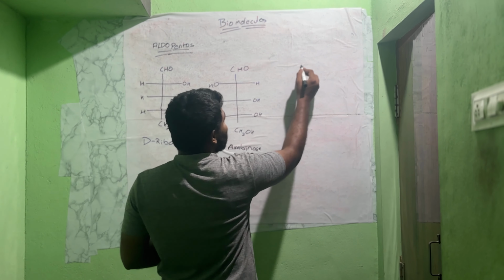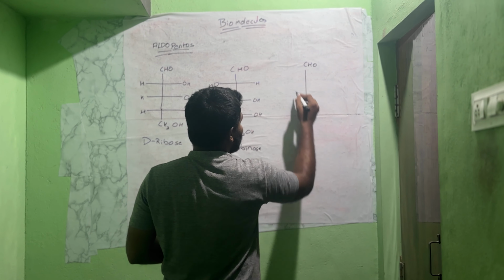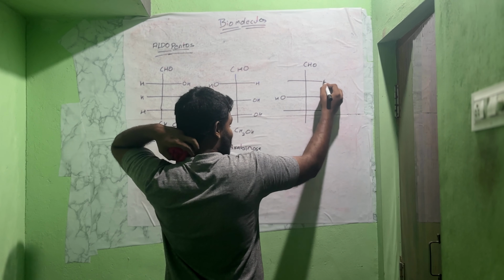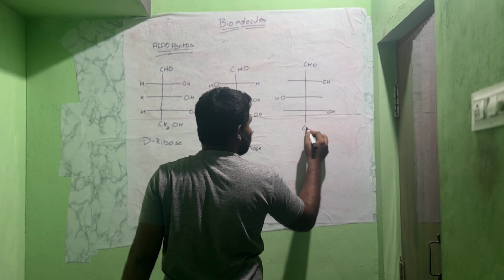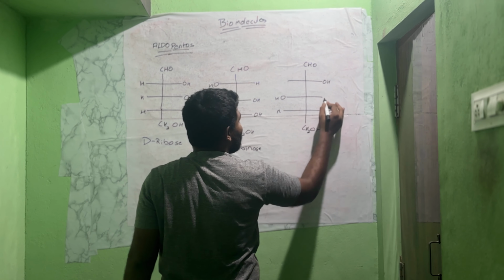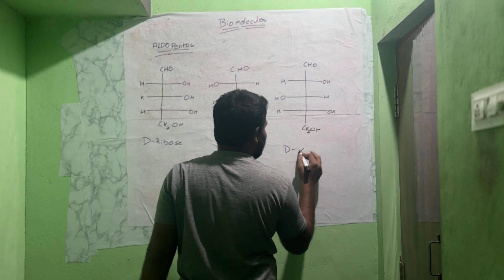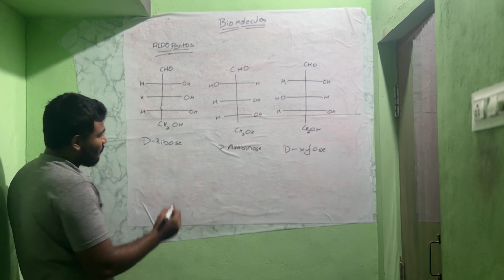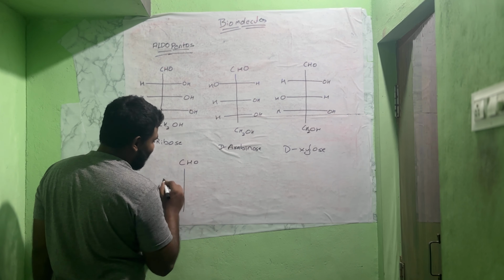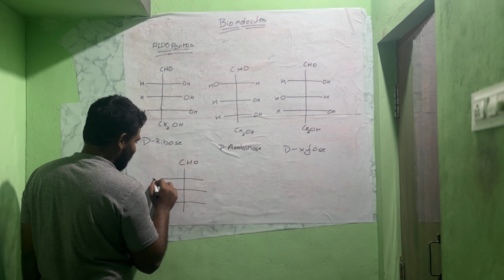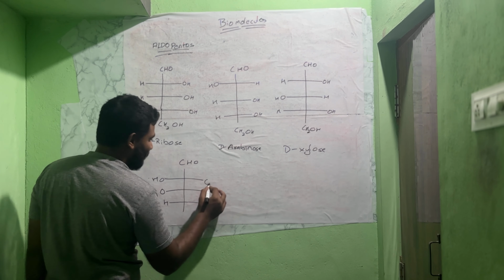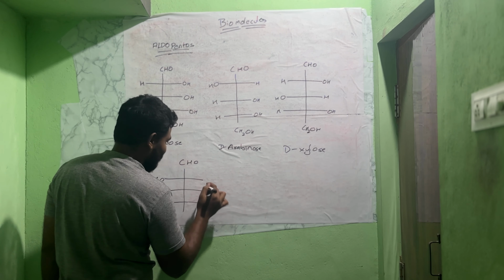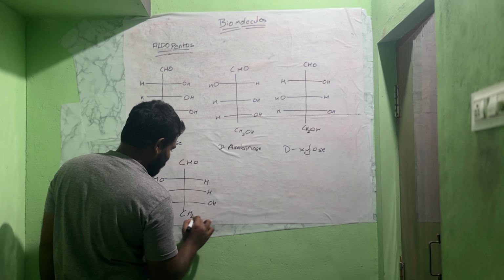Now we will see another. If only the third carbon configuration is changed, then it is known as D-xylose. If the second and third configurations are changed, for example, see here, H, OH, CH2OH.